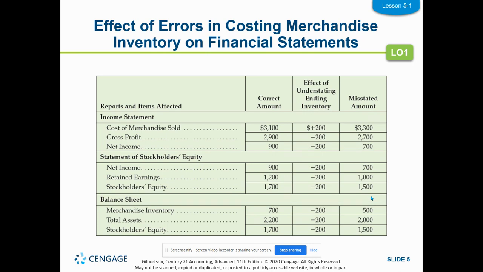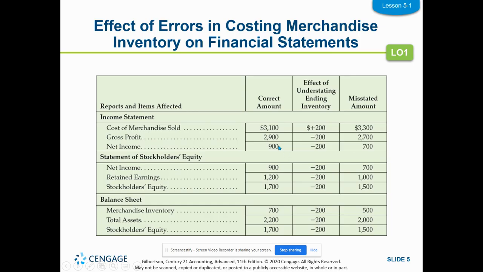Here's an example of what they do. They show how it would affect us if we overstated our cost of merchandise. You'll see this is the amount, then our cost goes up, but everything else goes down.